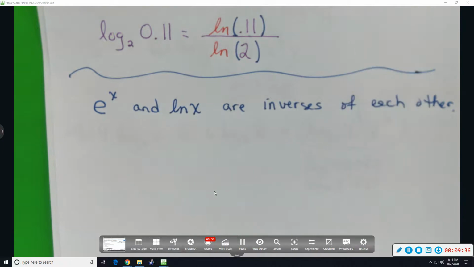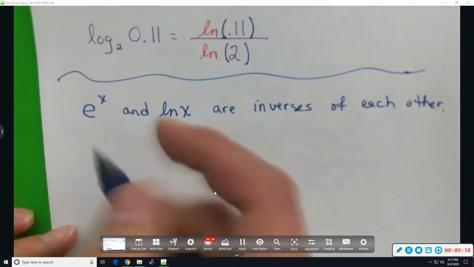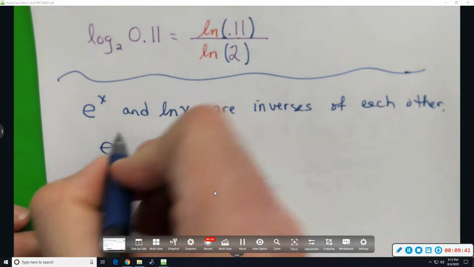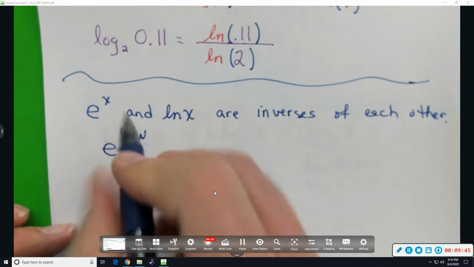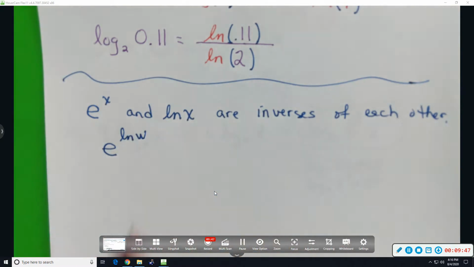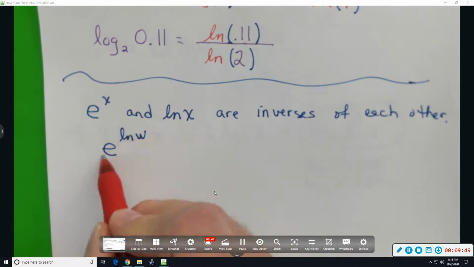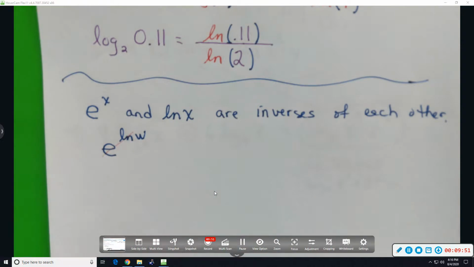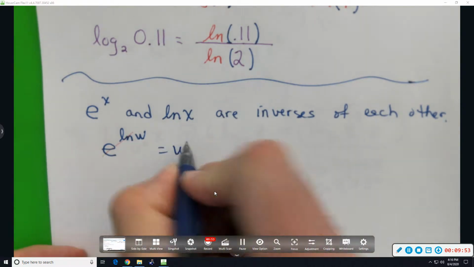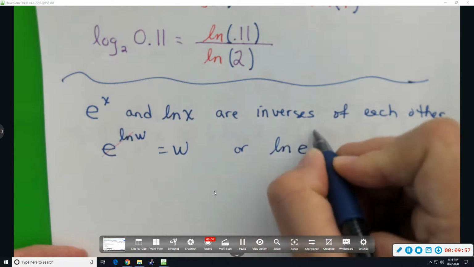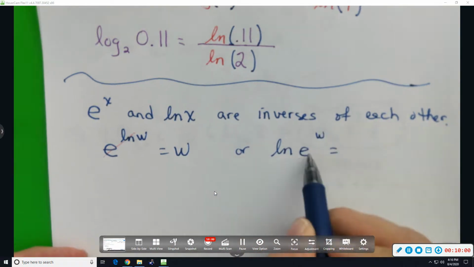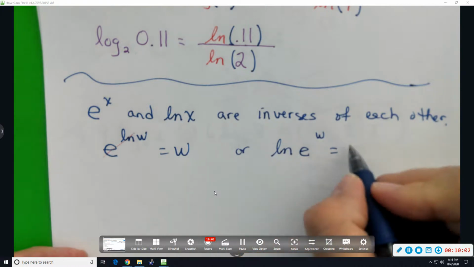Go to that calculator. So e and ln. Let's say we have e to the ln w. e and ln cancel each other out when they're side by side with nothing in the middle. Or it might be written with the ln first. e and ln cancel out.